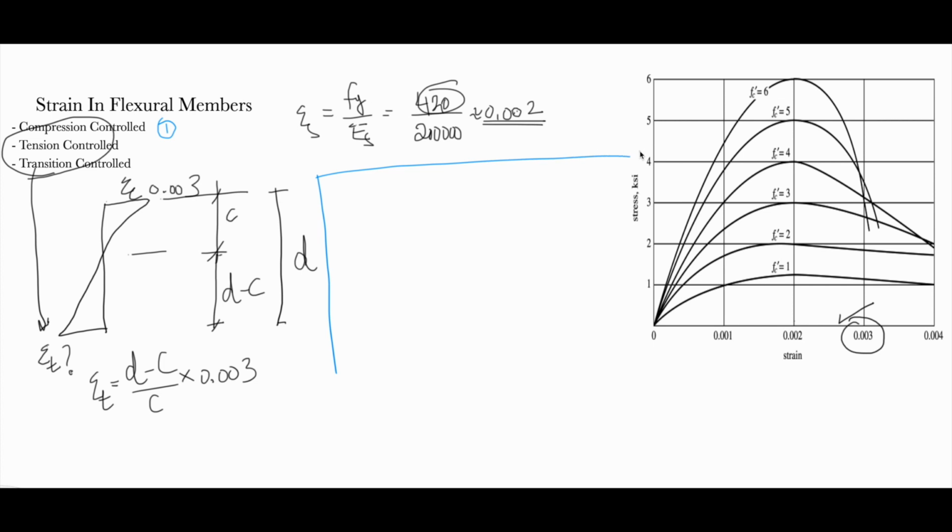Compression control means that the strain in steel is less than or equal to 0.002, less than the yielding. That means this stage is called compression control. As the name indicates, it's for compression members. It's not for beams and slabs. Beams and slabs are tension members.